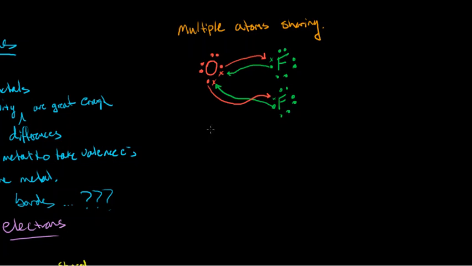We would have an oxygen, and all of a sudden we have an oxygen with all of its 8 electrons.